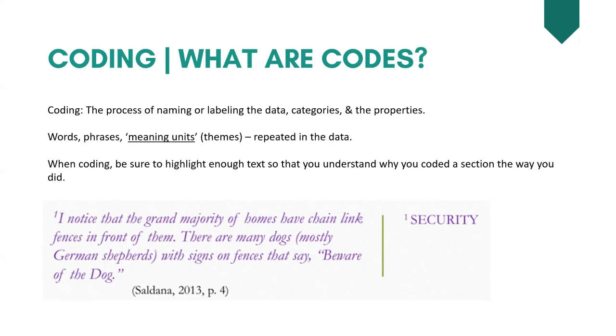So coding in qualitative research is simply about naming, labeling data, categories, and properties of that. Now, this comes down to kind of three broad areas, but you can find more, okay? It's about words, it's about phrases, and it's about meaning units.